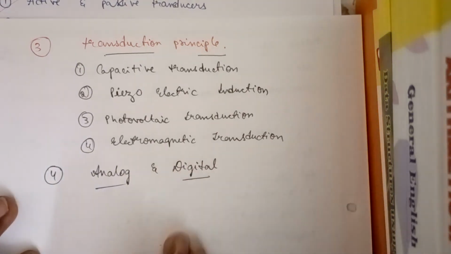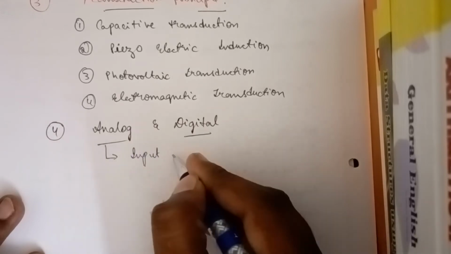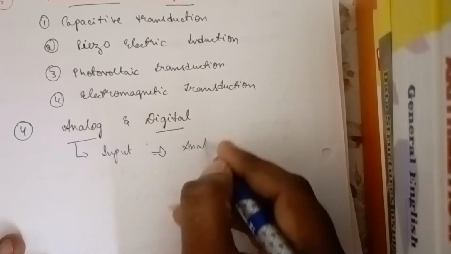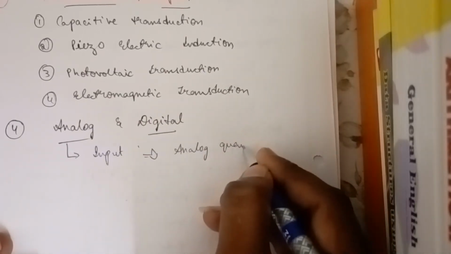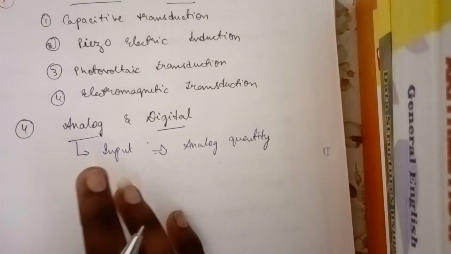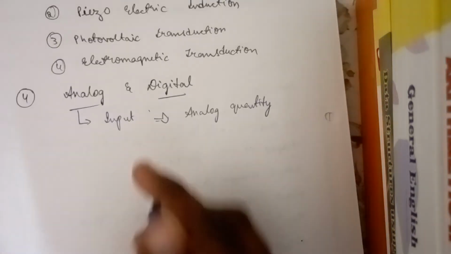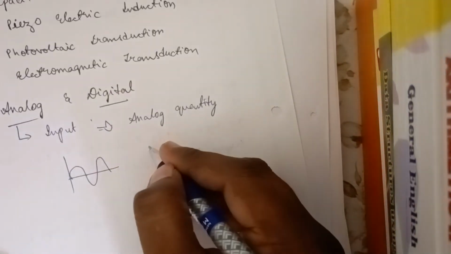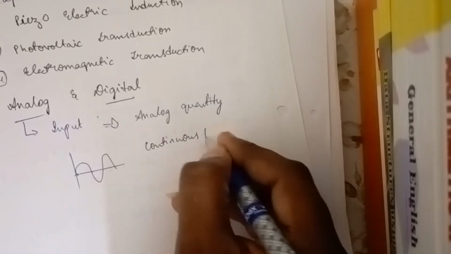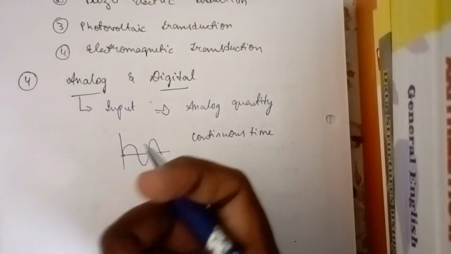An analog transducer converts the physical input into an analog quantity. Analog quantity means the output is a function of continuous time, a continuous time signal. Analog transducer means it converts the input into an analog quantity output.